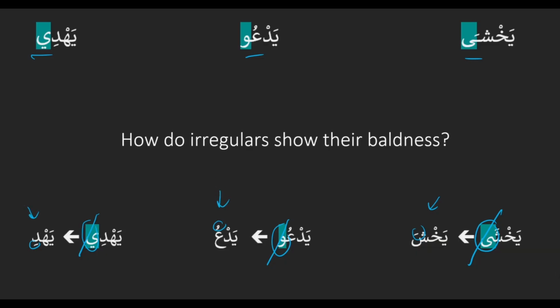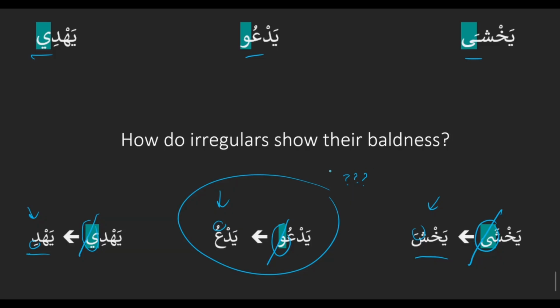I have a question. I understand yakhsha, yahdi; it's easy to see their jazm, because usually present tense doesn't end in fatha or kasra. But with yad'u, the damma is a normal present tense ending. So how do I know that it's not just a normal present tense ending and that it's jazm? That's a good question.